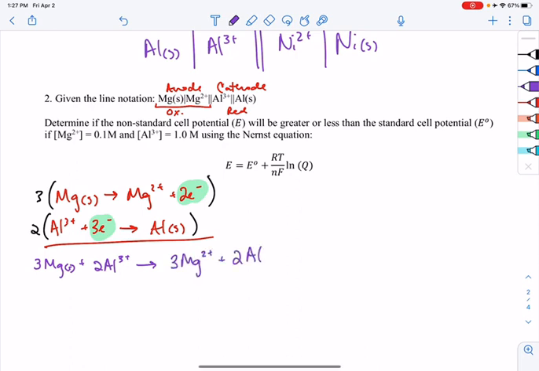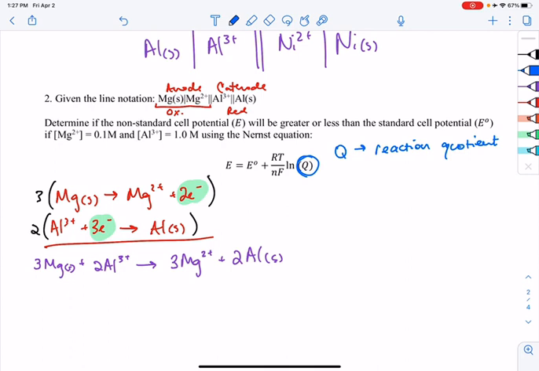2 aluminum solids. Now, the reason why we needed to do this, to get this reaction here, is because of Q. What is Q? Q is the reaction quotient and is defined the same way as the equilibrium constant, right?